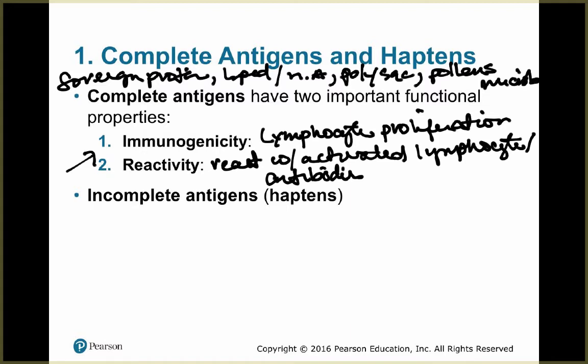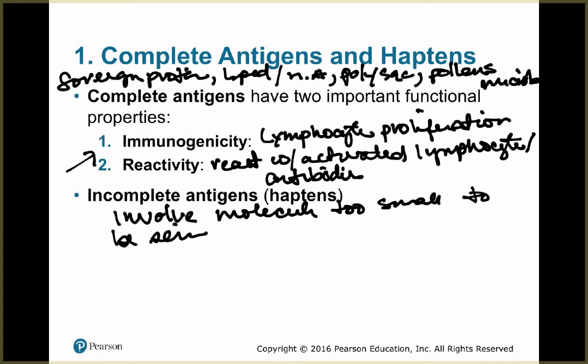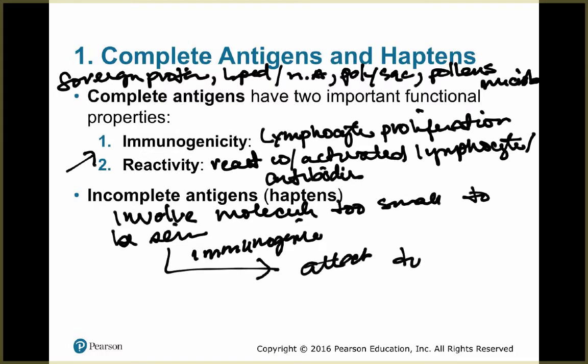Incomplete antigens, basically these involve molecules that are too small to be actually seen. So they're not immunogenic by themselves. To become immunogenic, they have to attach to the body's own proteins.